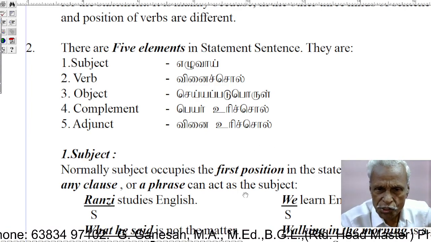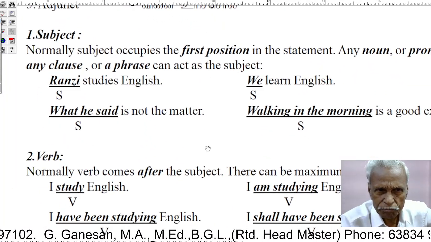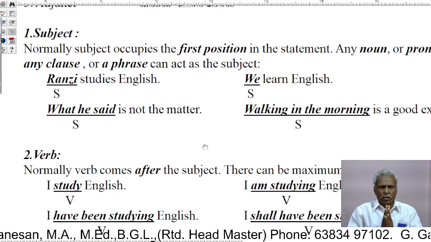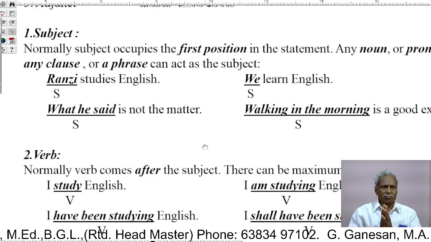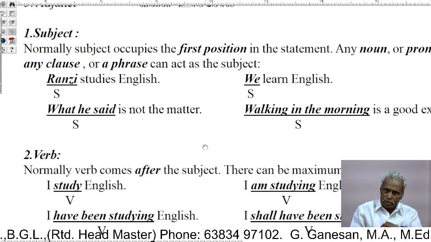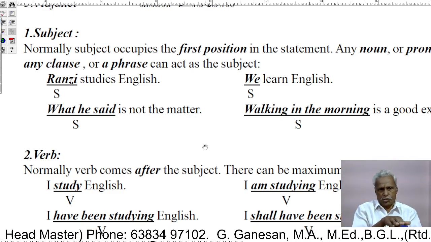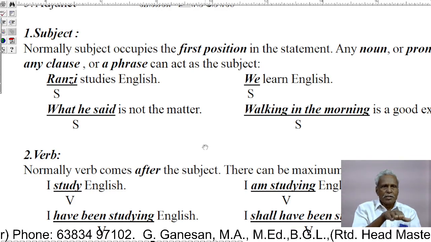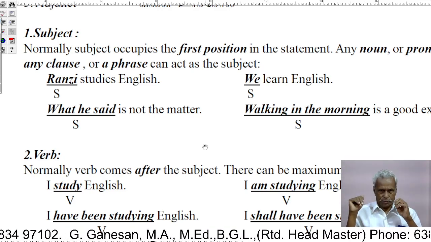Now, first of all, let us see the subject. Normally, the subject occupies the first position in the statement, either in spoken or written English. The subject takes the beginning position in a sentence.